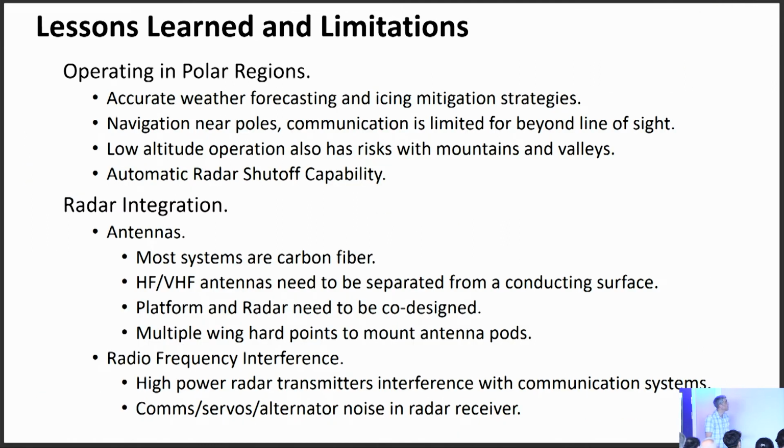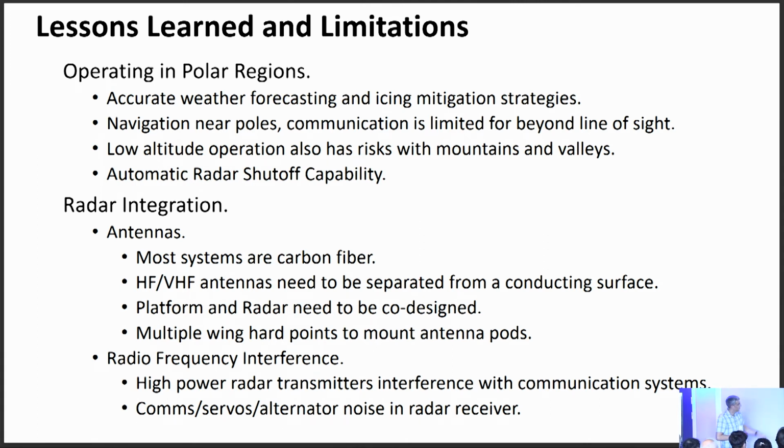Some of the lessons learned from operating in polar regions: we need very accurate weather forecasting and anti-icing strategies, especially for the long-range system. Navigating near the poles and communications with the system, especially beyond line of sight, is difficult. Low altitude operation has risk in mountainous regions, and we need some way to automatically shut off the radar.